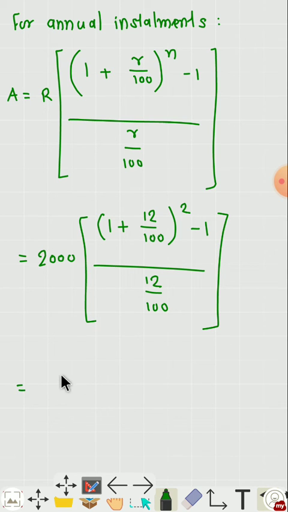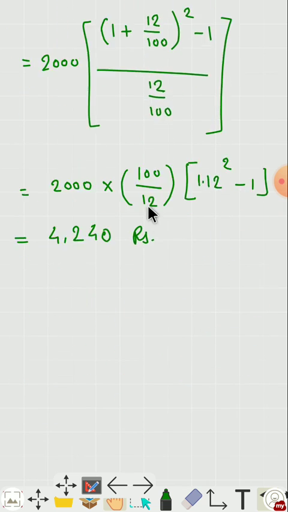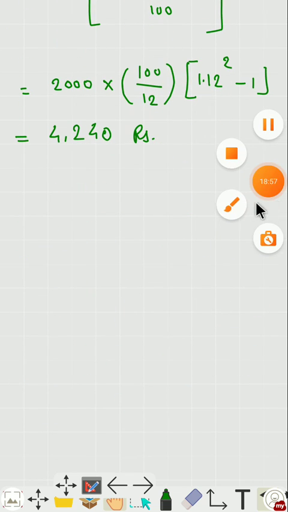If we solve all these things, you will observe that the quantity finally yields 2000 into 100 divided by 12 into 1.12 raised to the power 2 minus 1. If we do this calculation on your calculator, the total amount yields 4240 rupees.